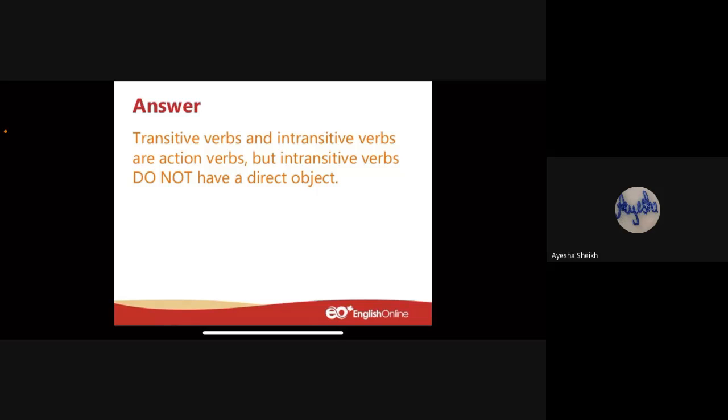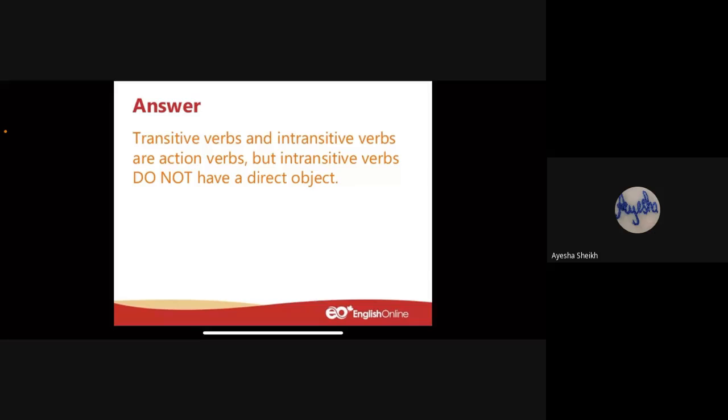Now, how will you find the object in a sentence? Can anyone tell me? Haven't you learnt about subject, verb, and object?